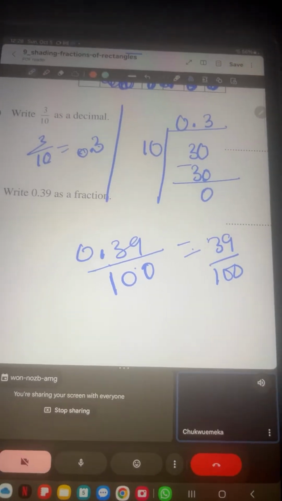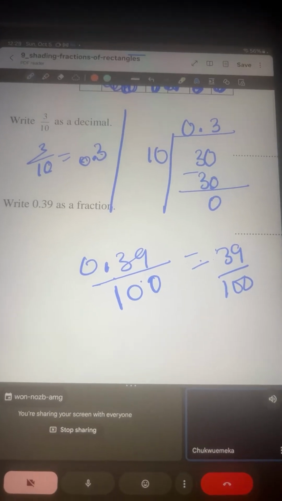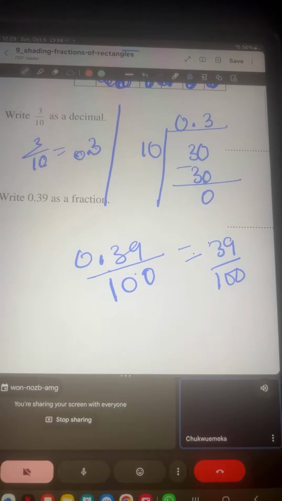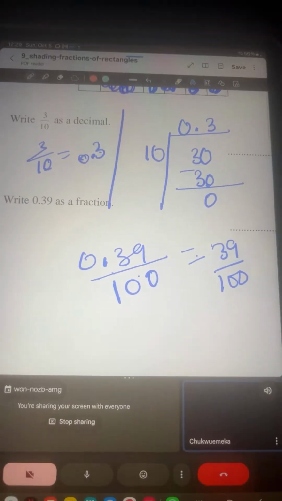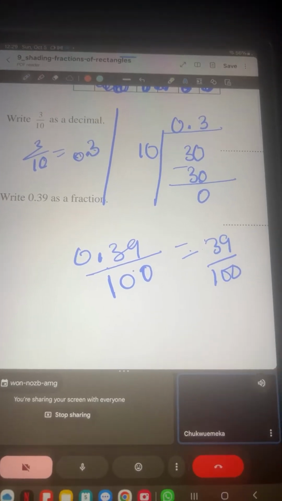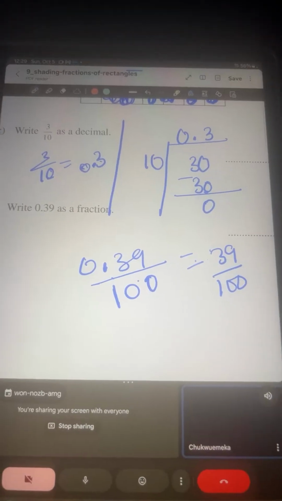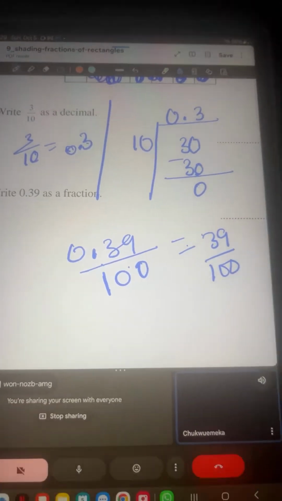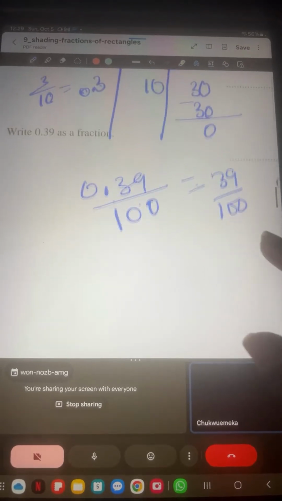Supposing there is a number that can divide both 39 and 100, I would have divided them, but there is no number that can divide 39 and also divide 100, isn't it? Because no number can divide them, we'll just stop at 39 over 100. Does that make sense to you? Yes. Good.